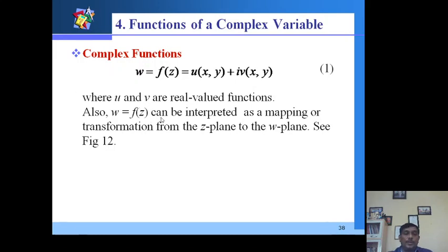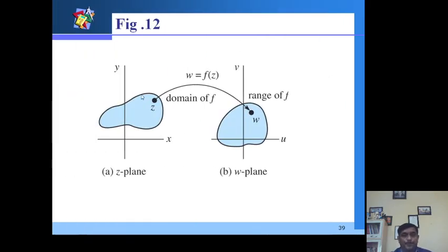Also, w is equal to f of z can be interpreted as a mapping or transformation from one plane to another plane, here the z plane to the w plane. You can see here, this is the z plane. In the z plane, we have x and y coordinates. In the w plane, we already said it is the uv plane, where u is the real axis and v is the imaginary axis.